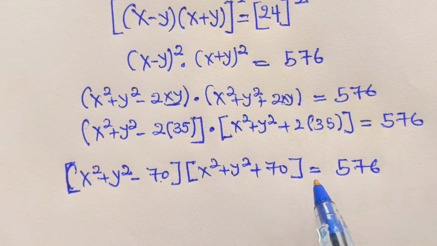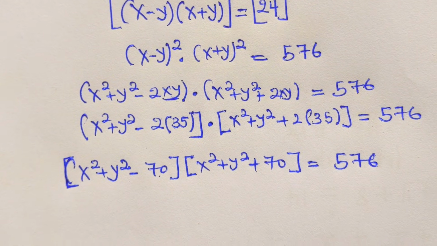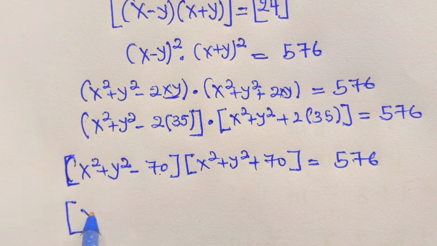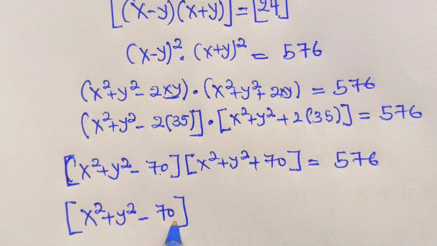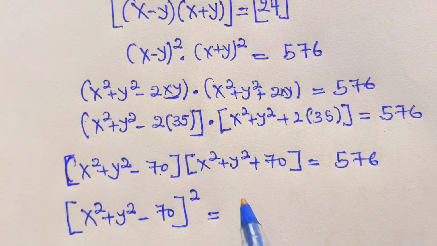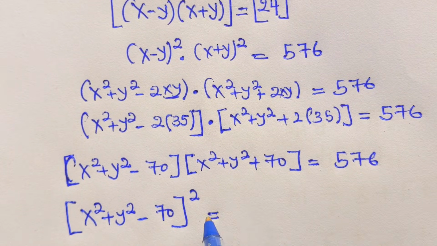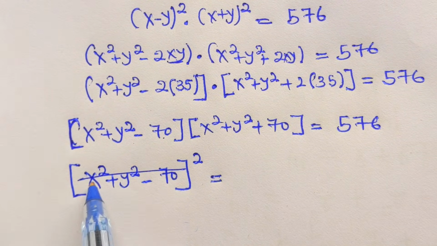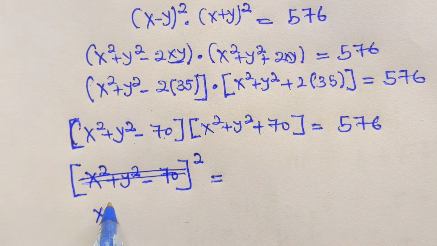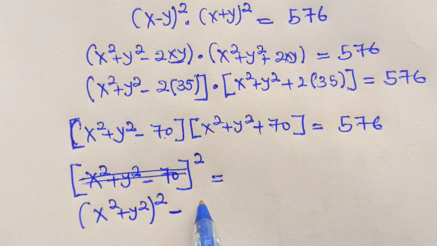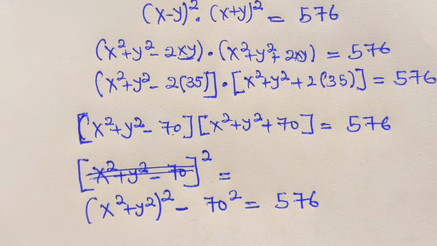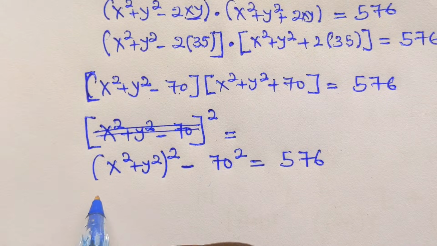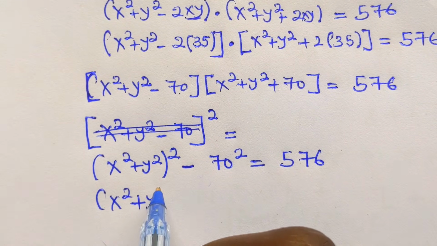We transform them into a difference of two squares to get (x squared plus y squared) squared minus 70 squared, which equals 576.